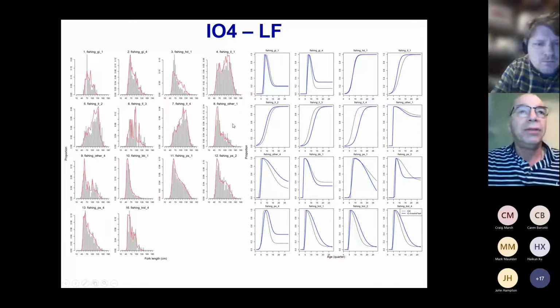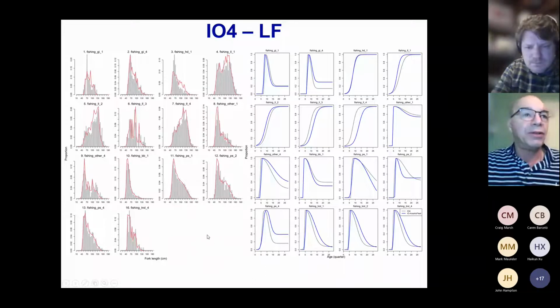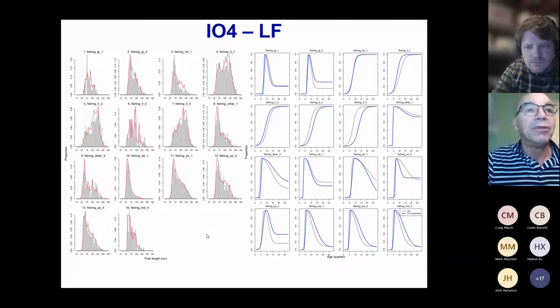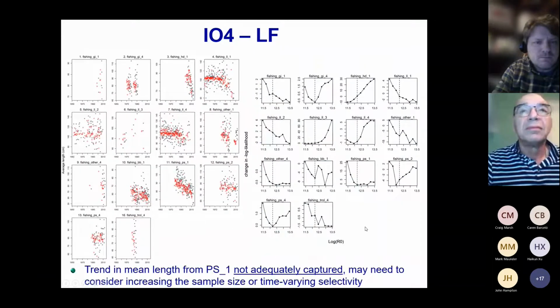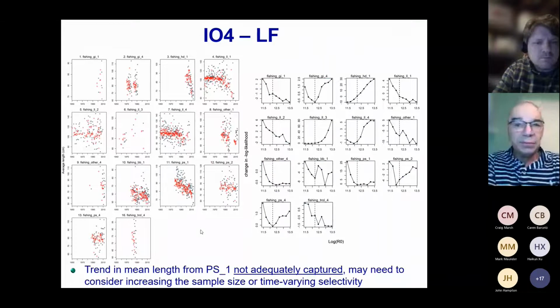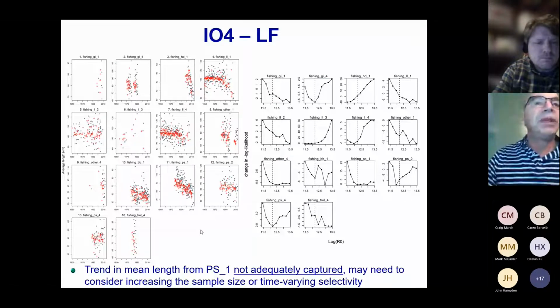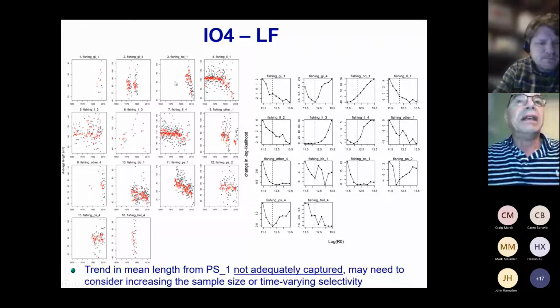But overall, the selectivity curves and the patterns that we see in the fits are about as expected, given that we were working with a sample size of 5 for all of the composition observations. Here we're looking at the trend over time for each fleet of the mean length.